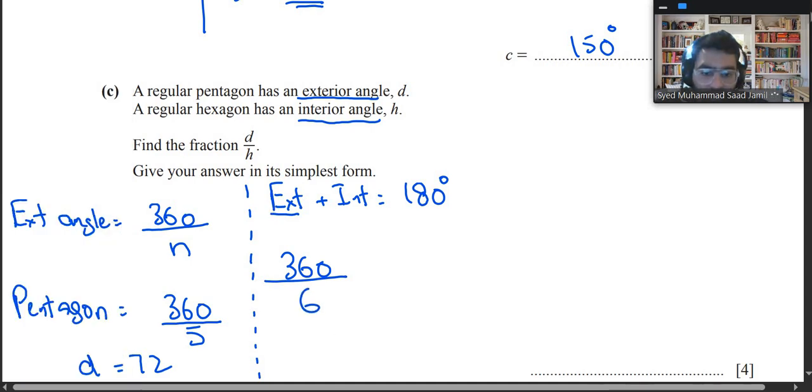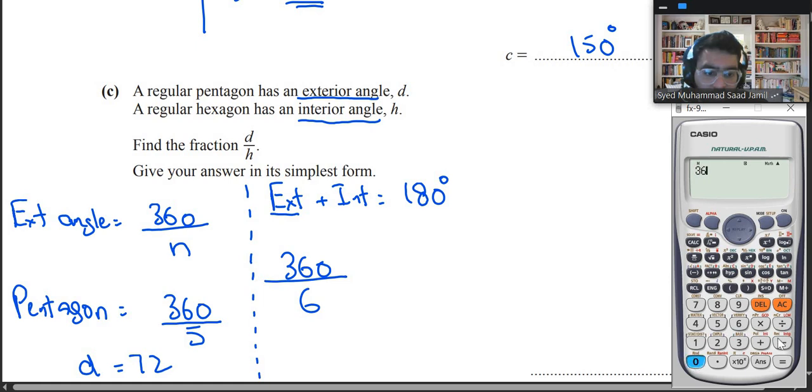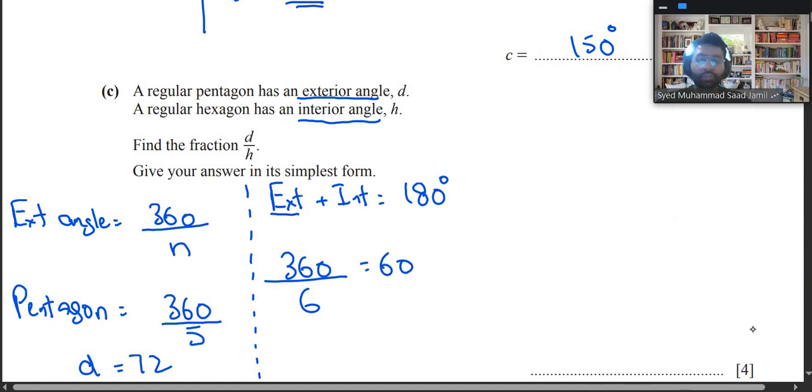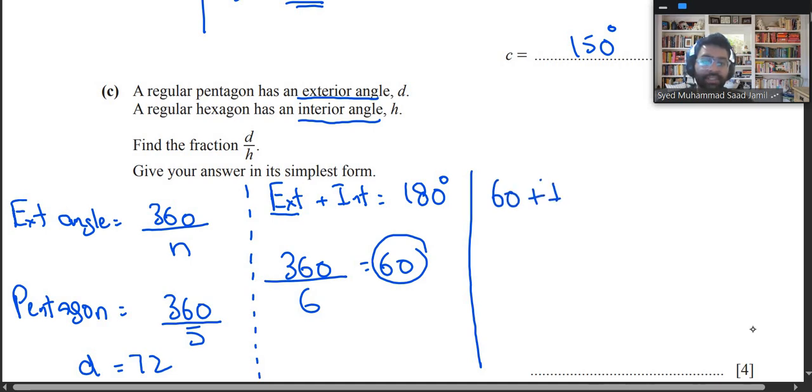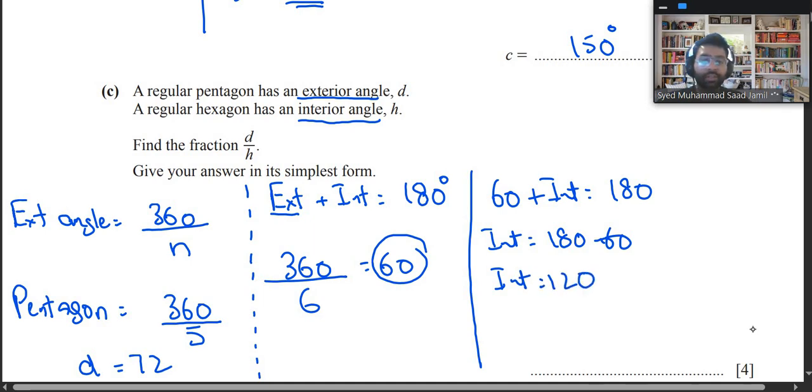Alright. So 360 divided by 6 is 60 degrees. So this is your exterior angle. So 60 plus interior angle is equal to 180 degrees. Interior angle is equal to 180 minus 60. Interior angle is equal to 120 degrees. It means H is equal to 120.